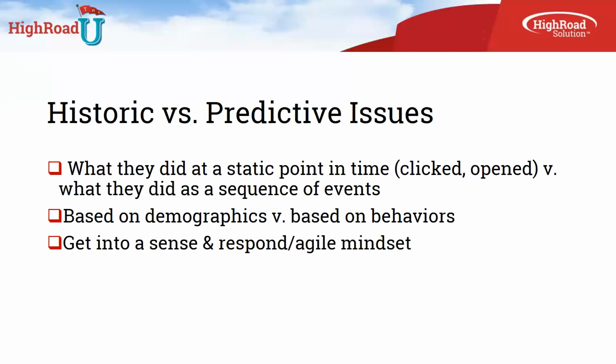Those still dominate as the 3 metrics that people are using. Nothing wrong with them. They are data points, but they're historic. They're not telling us that next step about what the person is actually doing. Did they take the next steps of the sequence of events and convert? Did they actually take the desired action?